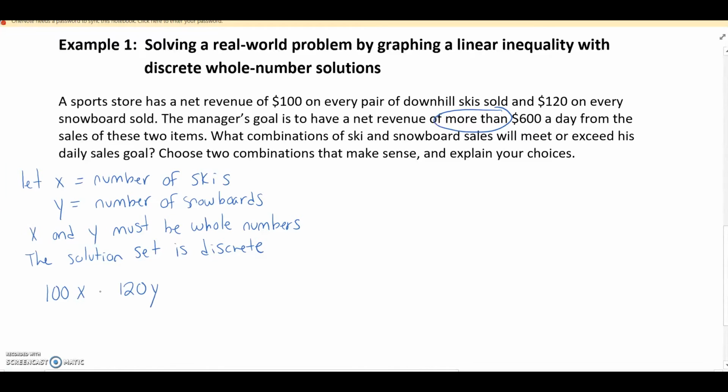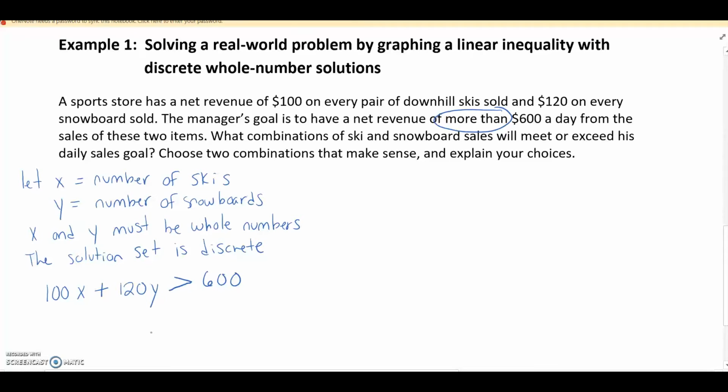And the total, so summing those up, should be more than $600. So you can see that inequality right there. And every time you set up an inequality, it's going to be along the same lines, depending on how the question is worded. And that's the tricky part, right? So 100x plus 120y is greater than 600.